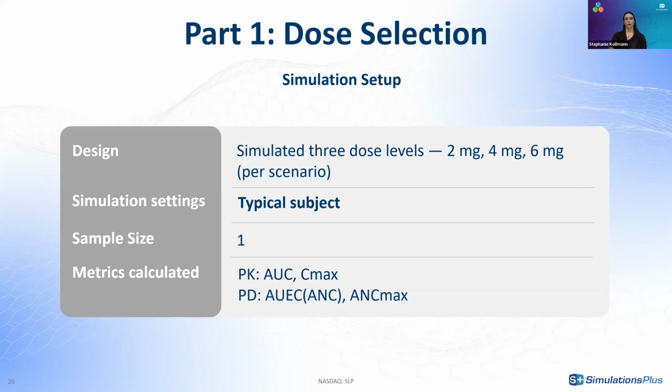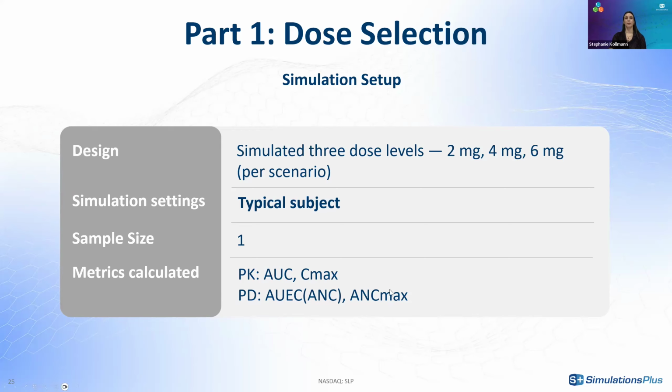So to address the dose selection question, we simulated 3 dosing levels, 2, 4, and 6 milligram, representing the range based on the original model. And the goal here was to understand how each dose responds to small changes in key parameters.